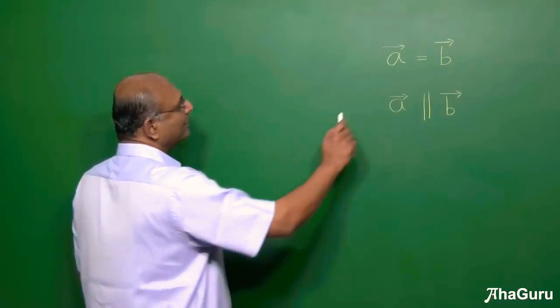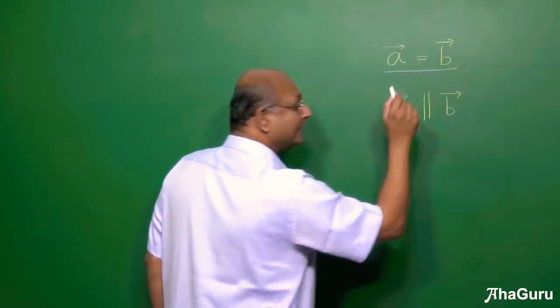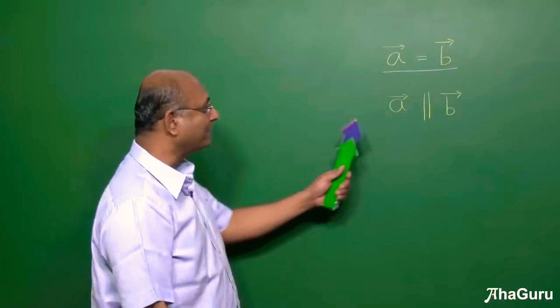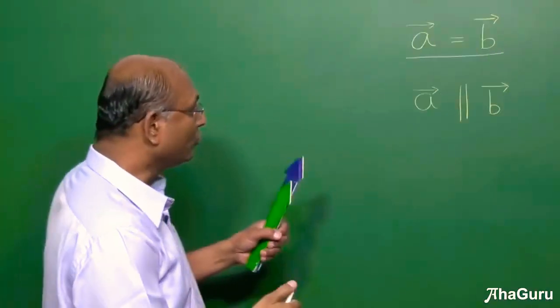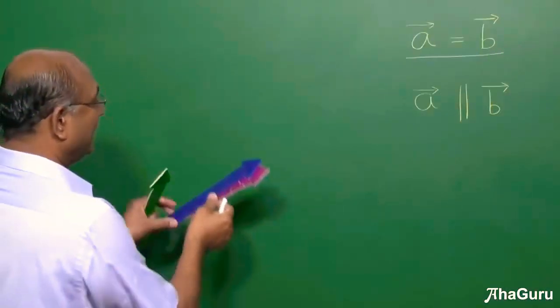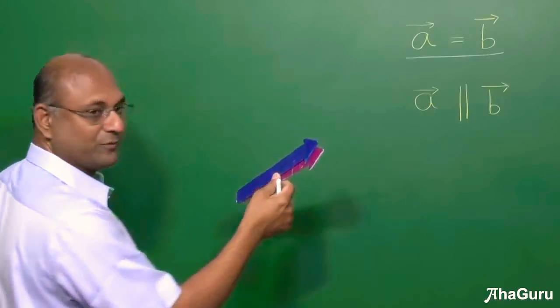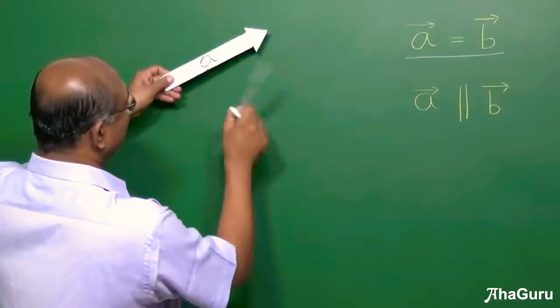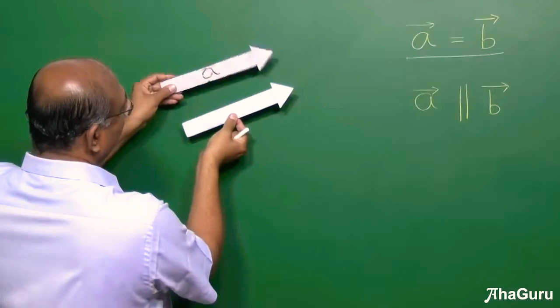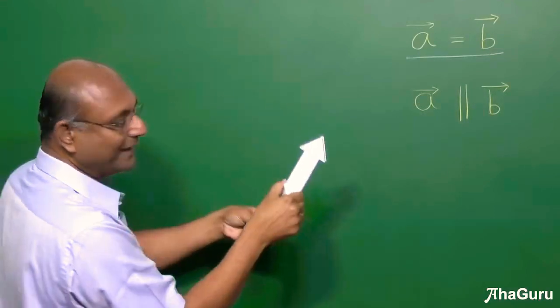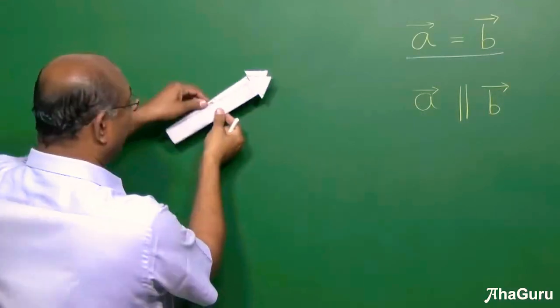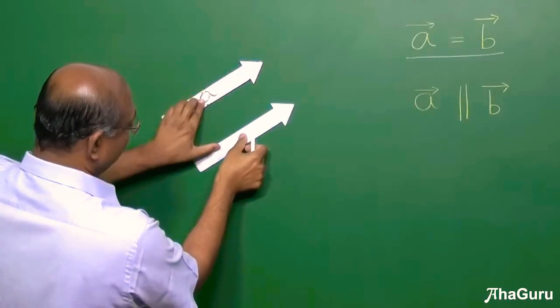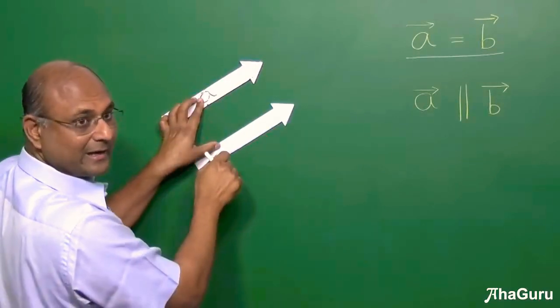Let us now learn when two vectors are equal. Then we will look at when they are parallel. So let us take these two vectors. If they are the same length and they have the same direction, then these vectors are equal.